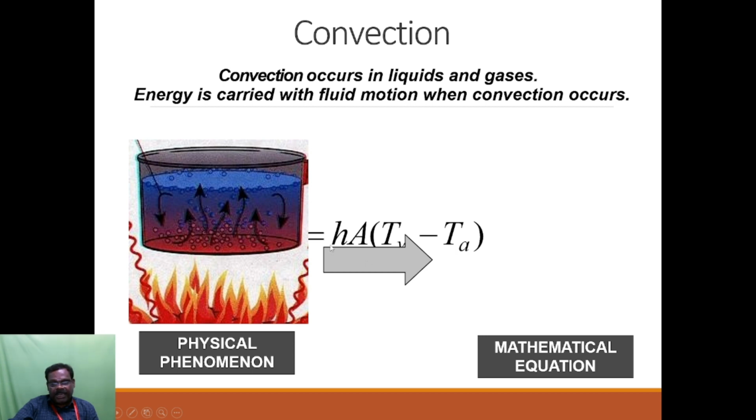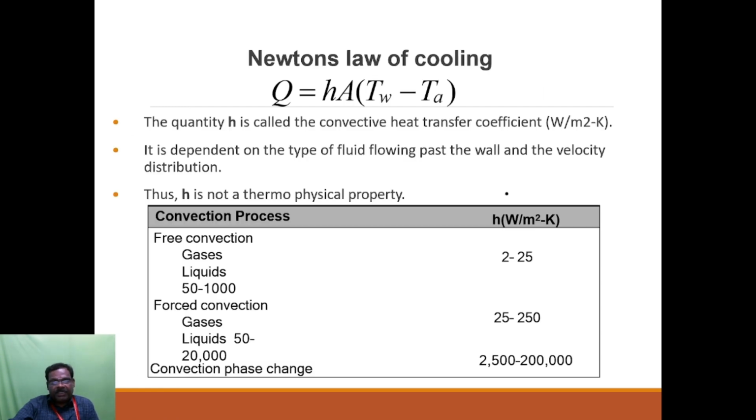Convective heat transfer coefficient. So Q equal to HA (TW minus TA). TW means temperature of the wall, TA means ambient temperature. The surface temperature and the temperature of the fluid moving over it is called convection.